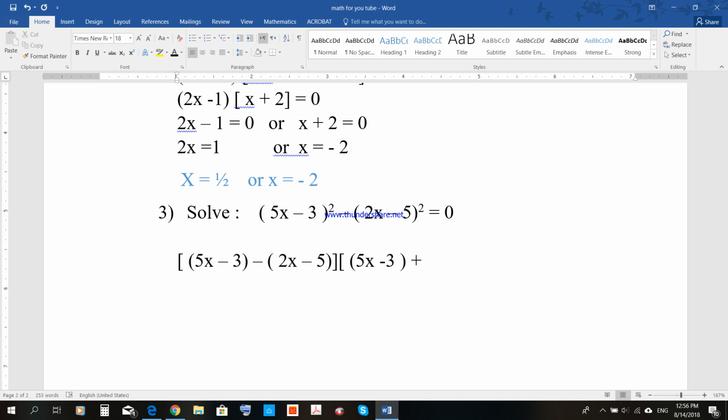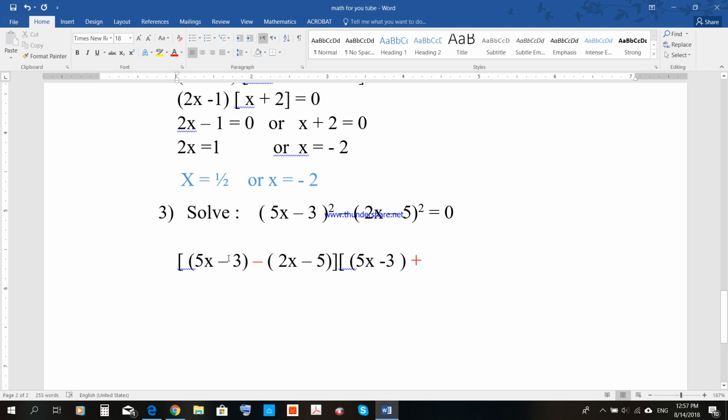Plus. Now this minus decomposes into plus. In the first bracket it becomes plus, and in the second bracket it becomes what? Minus. In the small parentheses, like 5x minus 3 square, when we distribute them, don't change their signs.